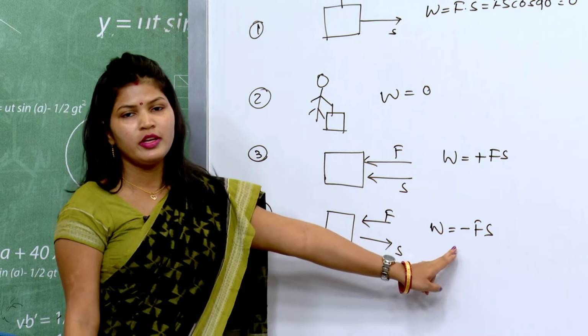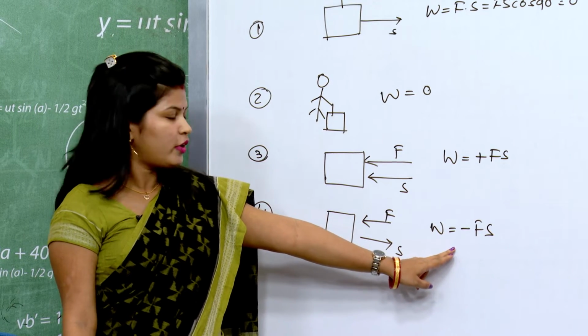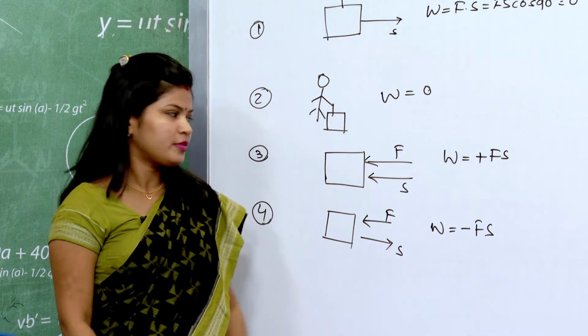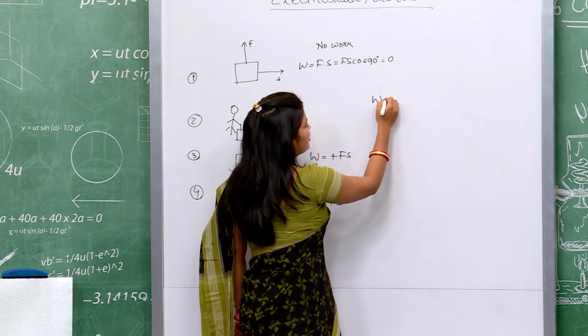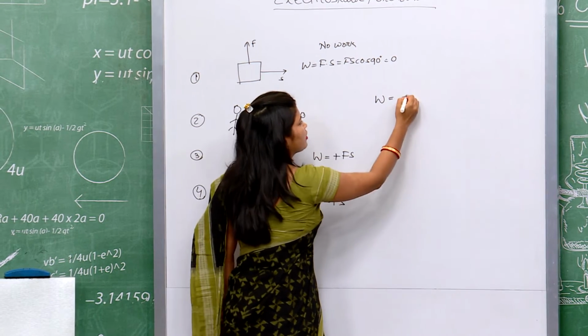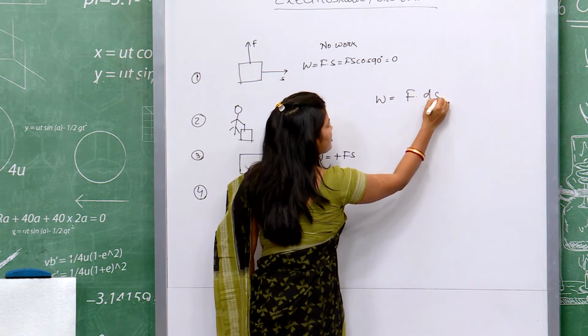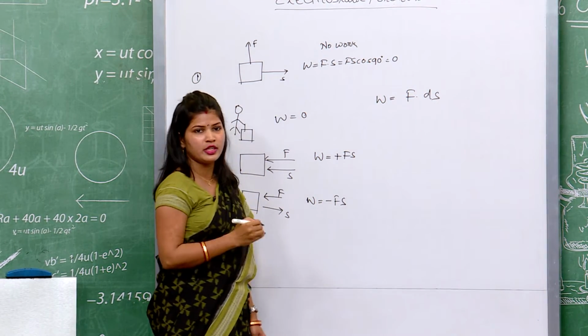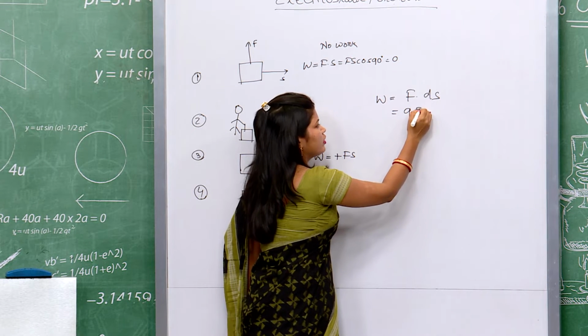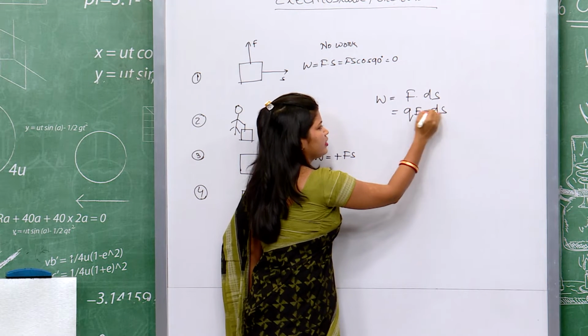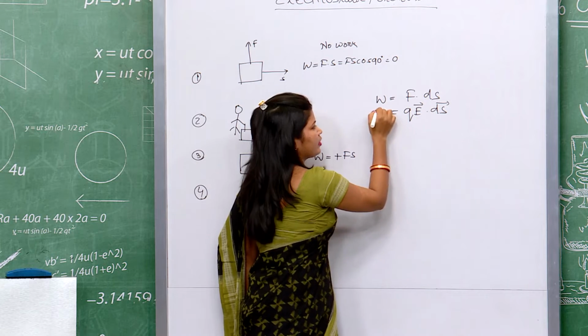That means you are doing negative work. So, energy is decreased. In an electric field, work done W is equal to F dot ds, and here comes the concept of charge. So, force is equal to Q into E, and E dot ds is the work done.